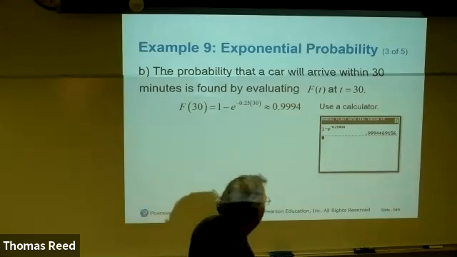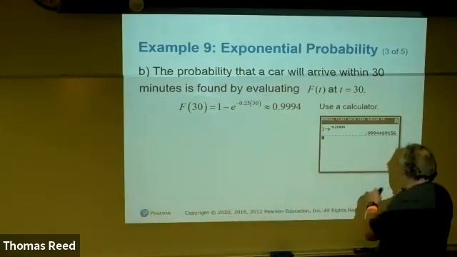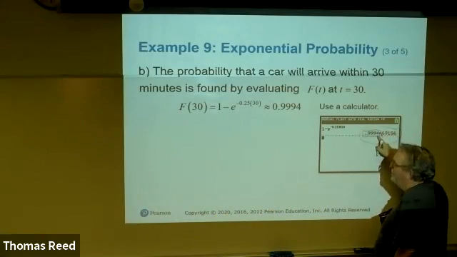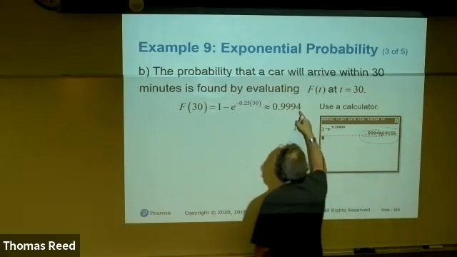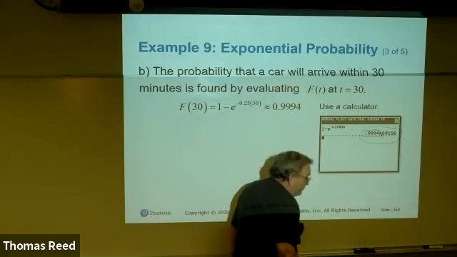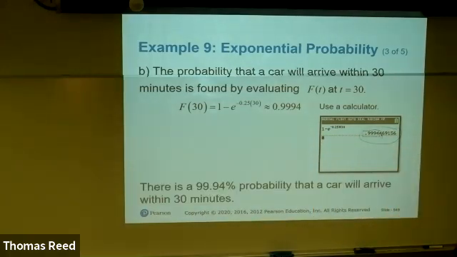So e to the negative 7.5, and it's 1 minus that. Well, that's this lovely number. And so we round to 4 decimal places. The 4 here tells me we stay at 4, so we have this. And to write this as a percentage, the decimal goes between those 2 nines. So it's 99.94% that a car will arrive within 30 minutes of 9 o'clock.